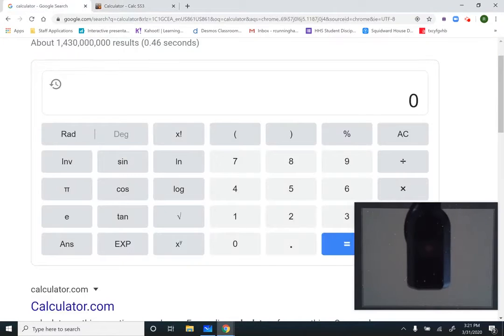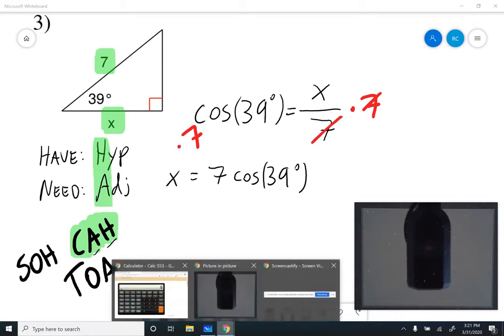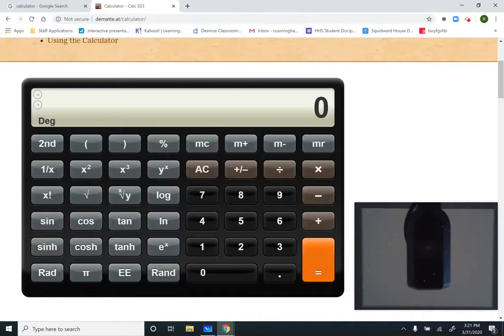So let me take you through the correct way to input 7 times the cosine of 39 degrees into the iPhone. All right. I think I'm going to do 2 problems with the iPhone calculator because it can be really confusing. So 7 times cosine 39 degrees, I would say 7 times.